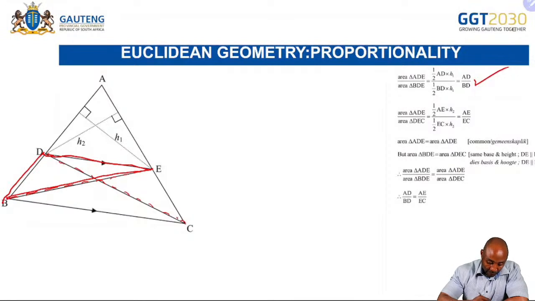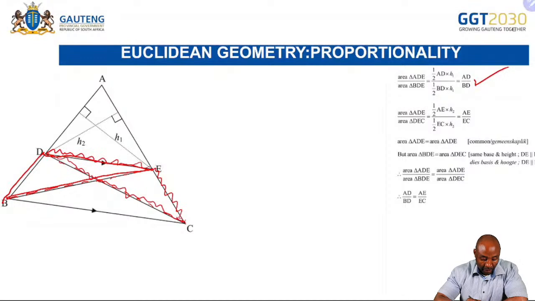We do the same for triangle AED. That's just the naming. AED is the same as triangle ADE. We use height 2, but you will realize that now we want the area of that triangle. Once again, they are sharing a common height, which is an exterior height of H2, and then we'll get that one.